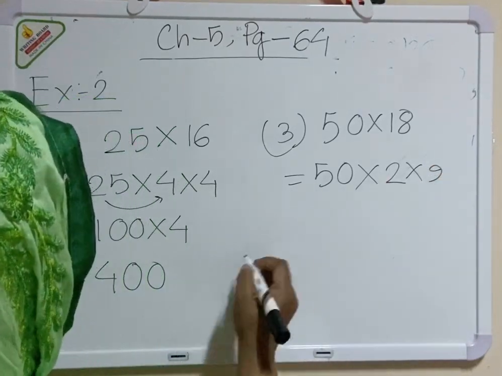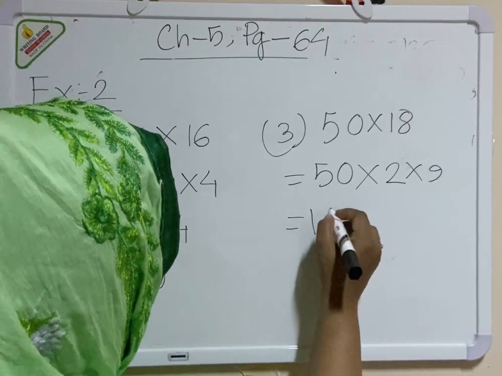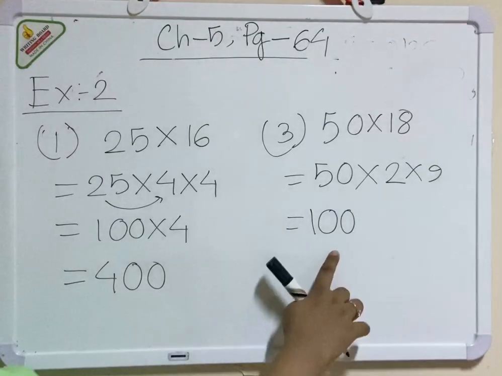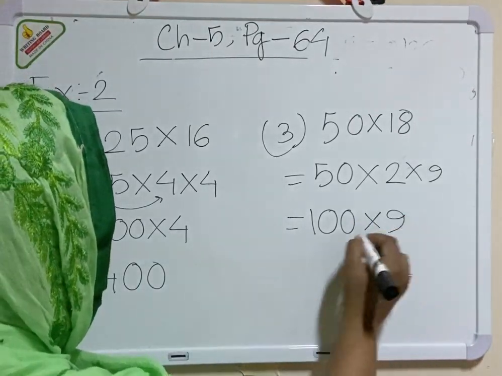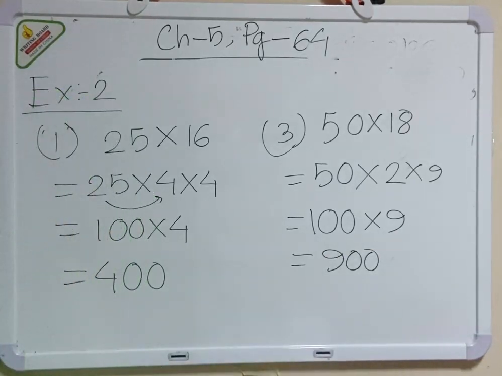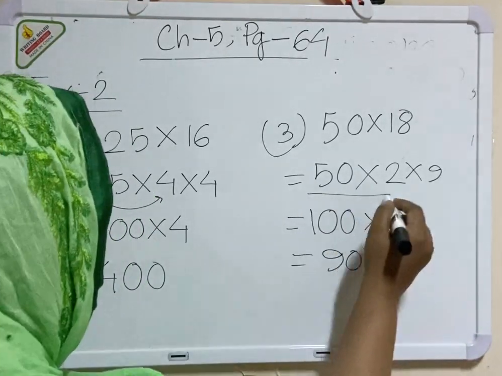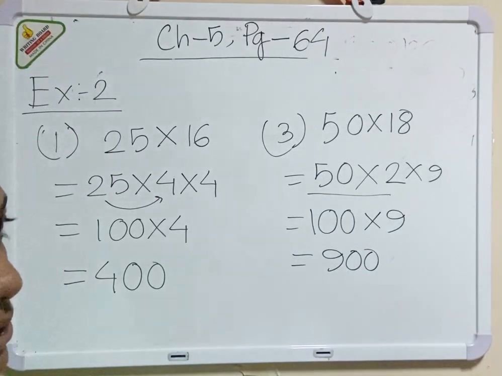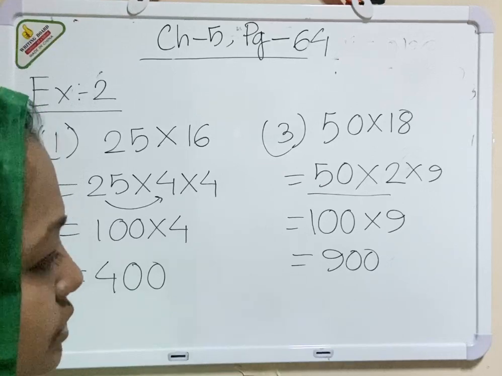If I multiply 2 with the 50, I will easily find 100, that means 100 multiplied by 9. 100 9s are 900. If you have confusion here, you can do the rough work. You can easily find out that 25 4s are 100.